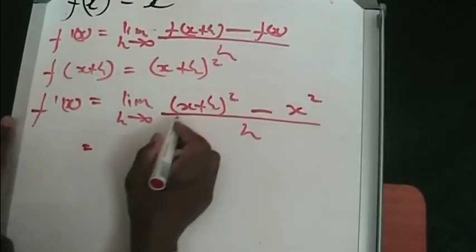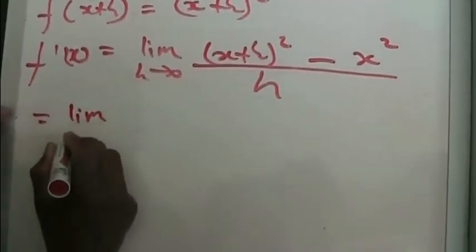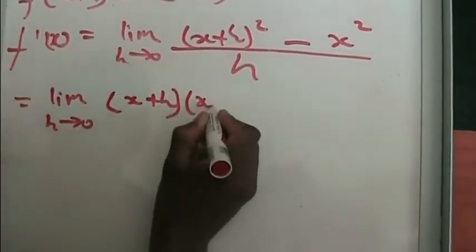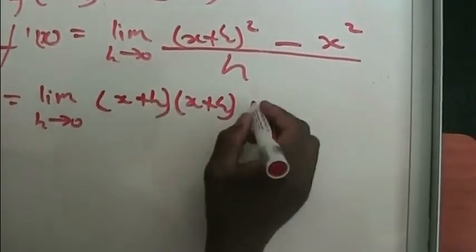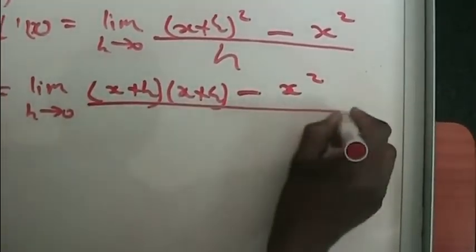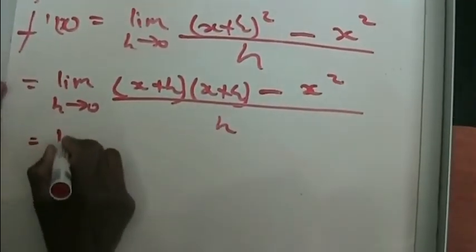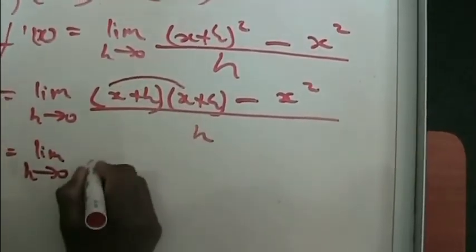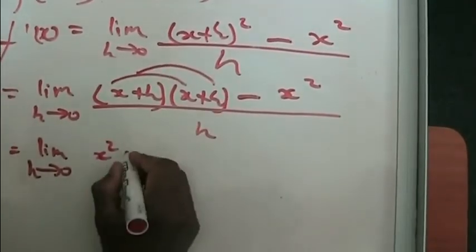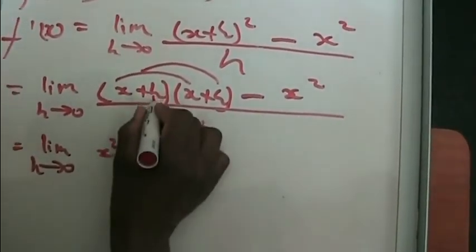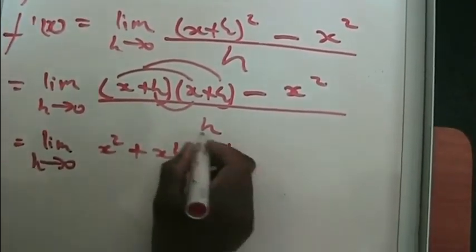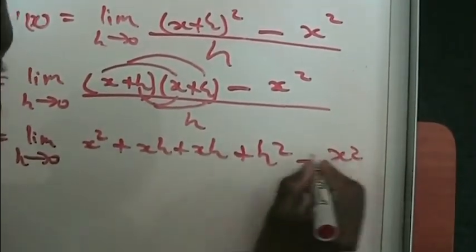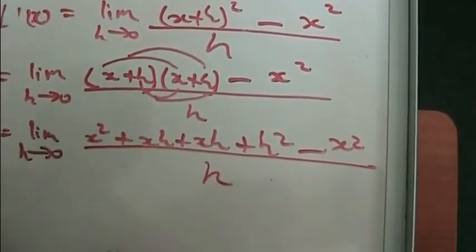Therefore, simplify this: limit as h tends to 0 of x plus h into x plus h, minus x squared over h. That is equal to limit as h tends to 0 of x times x is x squared, x times h plus xh, h times x plus xh, times h plus h squared, minus x squared over h.